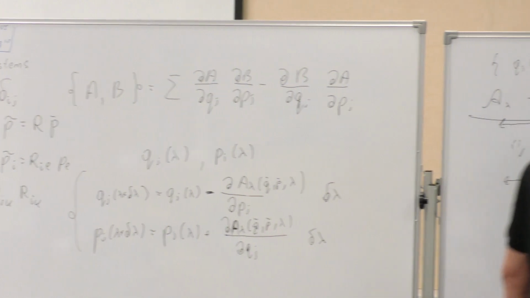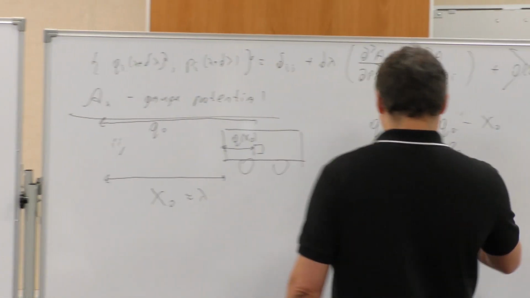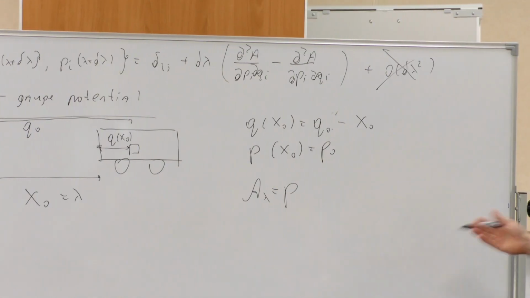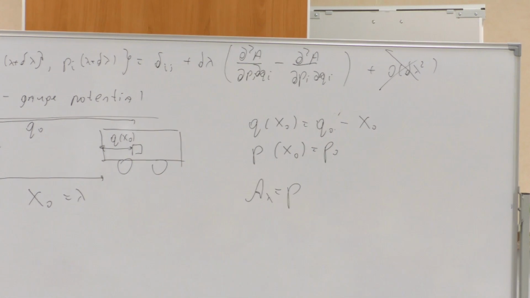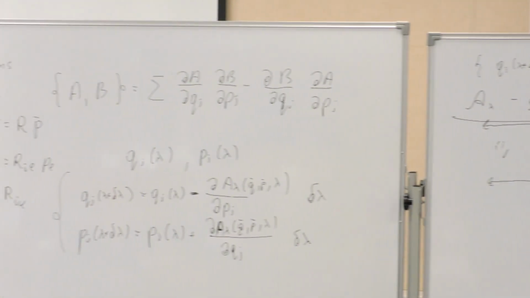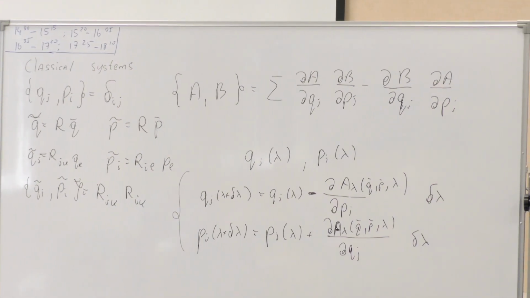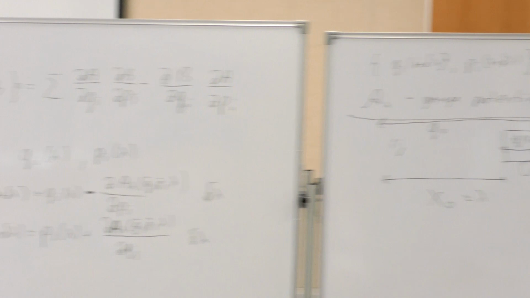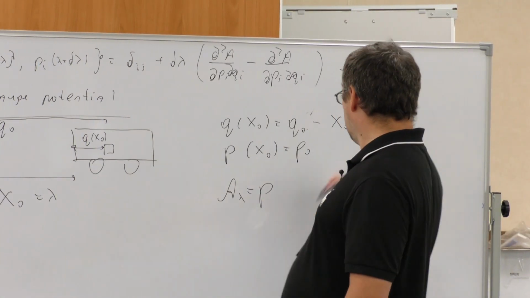So A is just equal to P, yeah, exactly. So the generator, we know it from quantum mechanics. One of the reasons I'm telling you this story is that we don't really need quantum mechanics for many of the things we learn in quantum mechanics for the first time. So the generator of translations is momentum. It has nothing to do with quantum mechanics. Let's just see that it works.